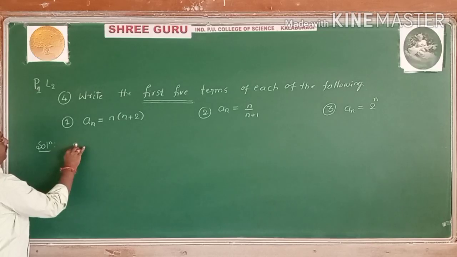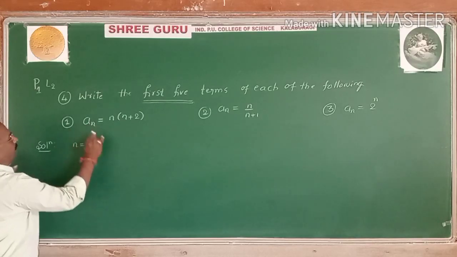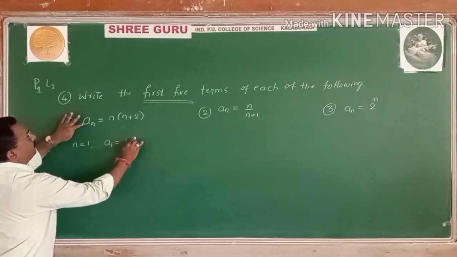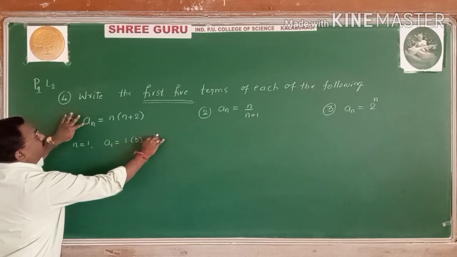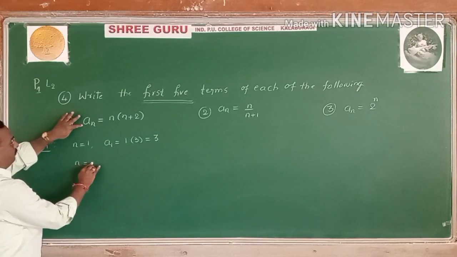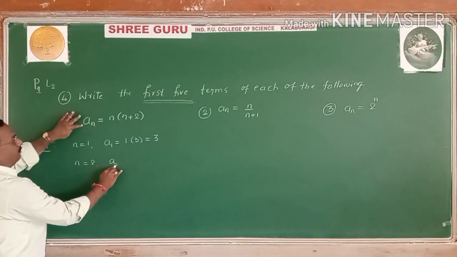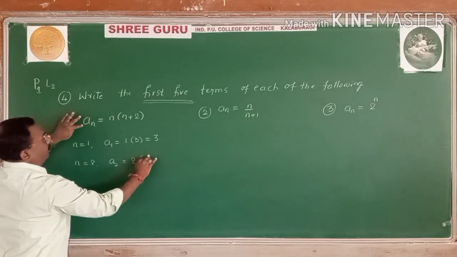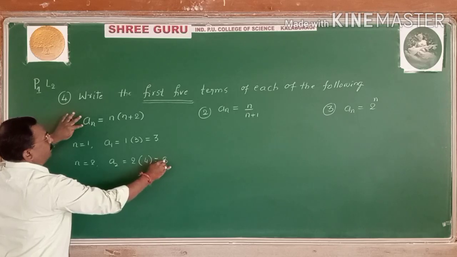First this one: take n is equal to 1, a1 is equal to 1 into (1 plus 2), is 3. Next, take n is equal to 2, a2 is equal to 2 into (2 plus 2) is 4, value is 8.